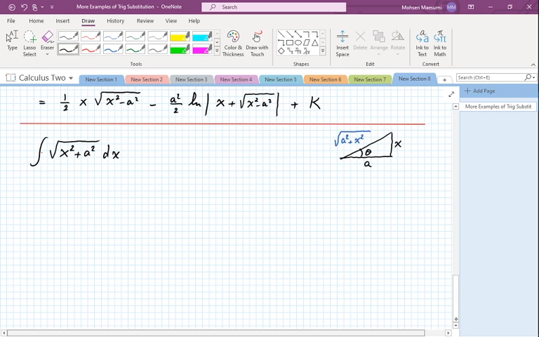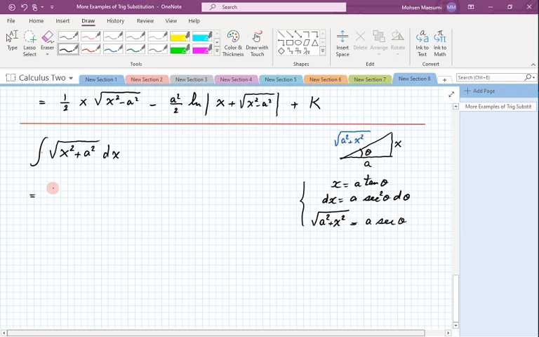So in this picture, we will have x is equal to, of course, a tangent of theta, and therefore dx is going to be a secant square of theta, and then the radical is of course going to be a secant theta.